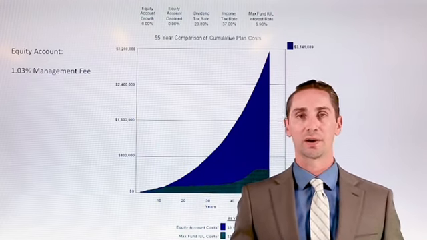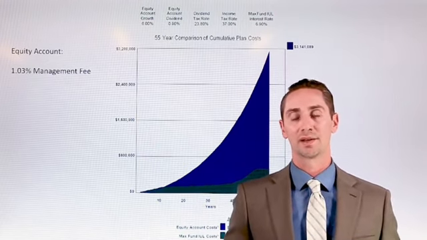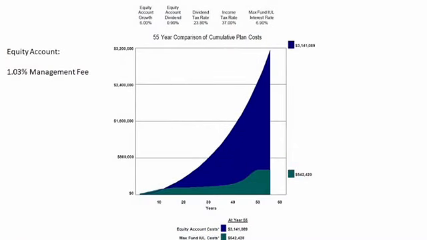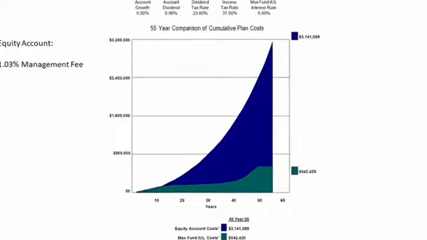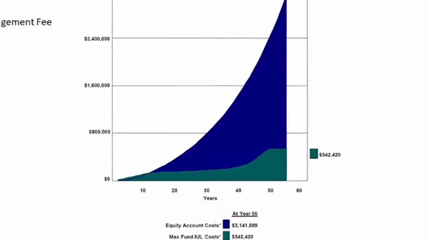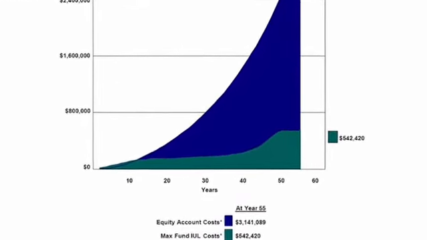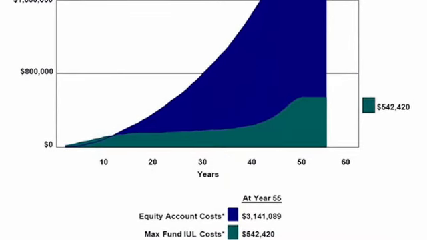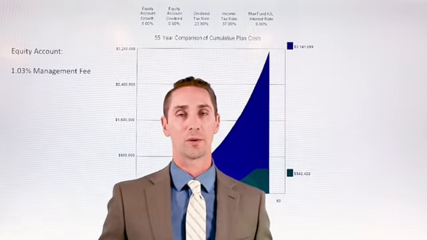So if we compare the same exact money going in, the same exact gross rates of return of 6.9%, and look at the expenses through age 100, you can see that the IUL expenses were $542,000 versus $3.1 million of the alternative, the non-qualified equity account.